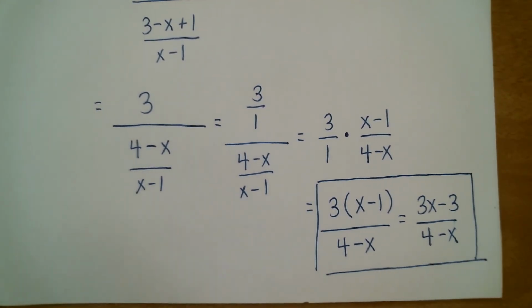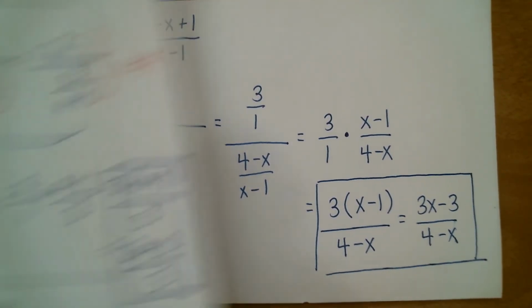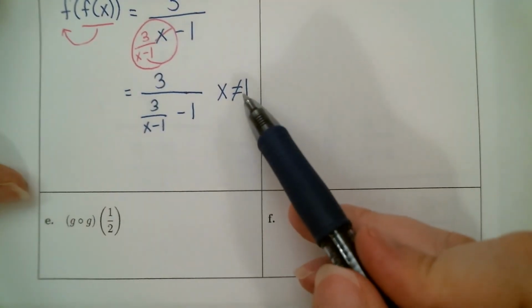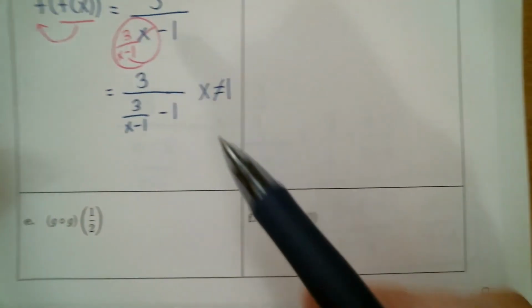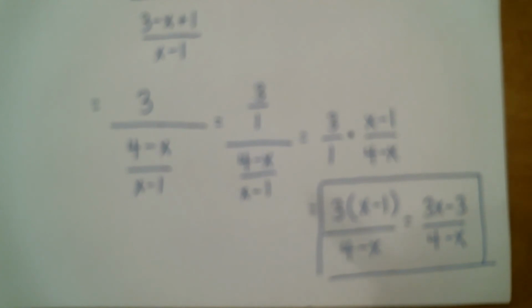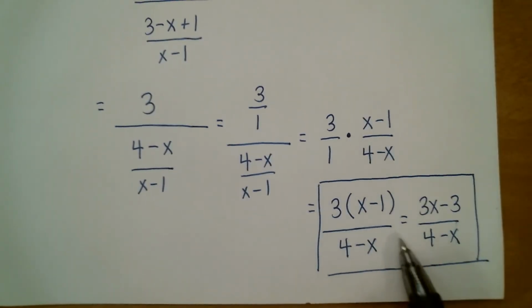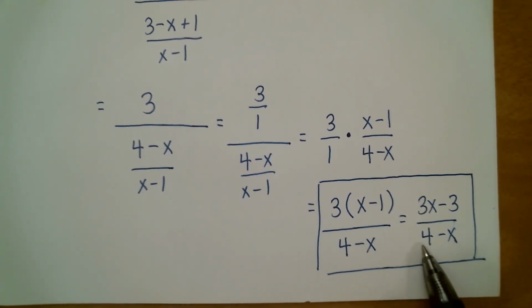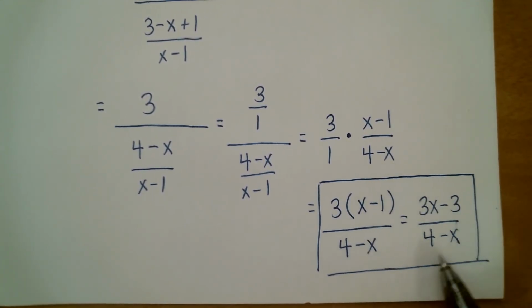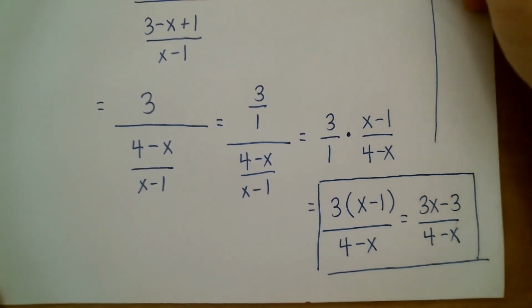Again, we already know from the initial setup that x cannot be 1, because of right here. So you need to check for bad spots at the initial setup, and at the end once you've simplified. After the simplification process, check for any remaining bad spots because this is a fraction. I'll draw an arrow up here.